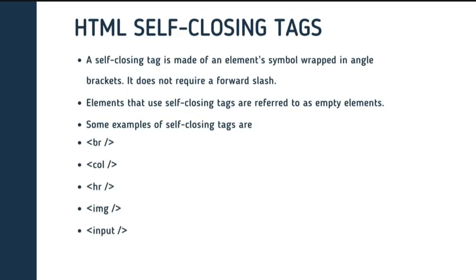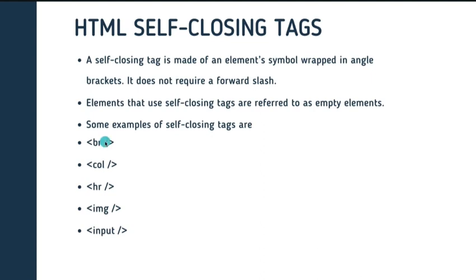So next, guys, we have the HTML self-closing tags. And a self-closing tag is made up of an element symbol wrapped in angle brackets, and it doesn't require a forward slash, but I kept a forward slash here to show you something. In some HTML documents, you will see the forward slash here and it still works pretty well. But in the most recent version of HTML, you don't need to put the forward slash.